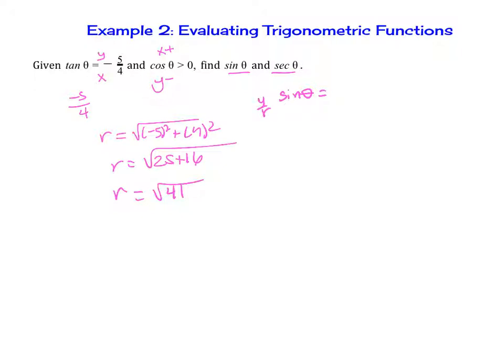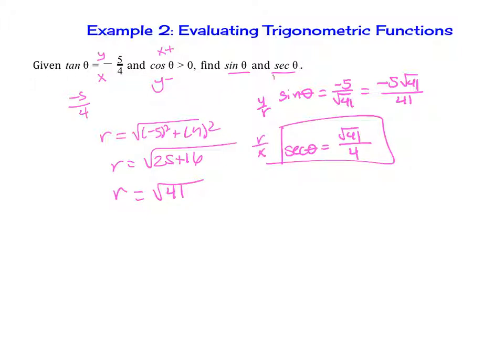This is negative 5 over the square root of 41. Then we have to rationalize, so negative 5 root 41 over 41. Secant of theta is the reciprocal of cosine, so that's r over x. Our radius is the square root of 41, and x is 4. And so that's our answer there.